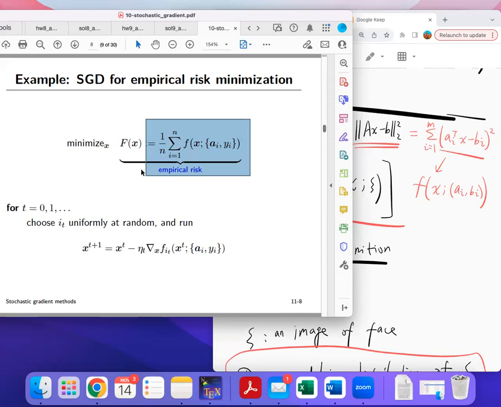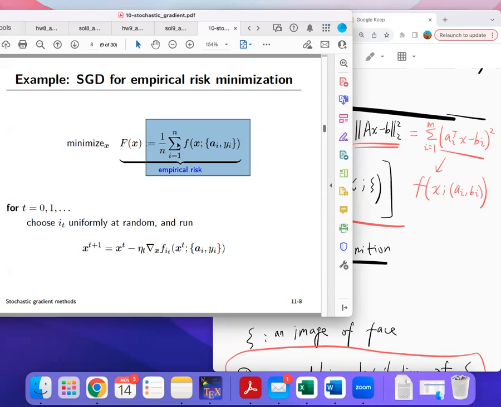You cannot simply load all the data into a single disk. So we need a way to avoid computing the full gradient. And a very simple way is, instead of computing the full gradient, every time I simply randomly draw one sample from this data set.